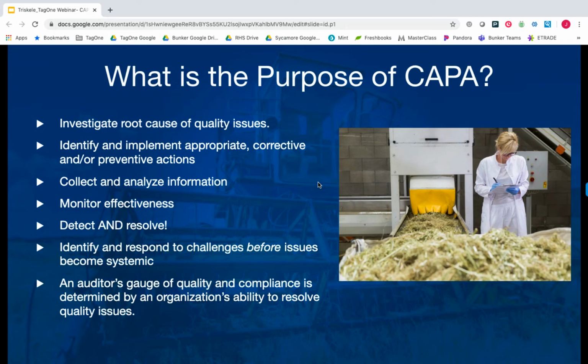The reason is that your CAPA program gives them a gauge of the health of your quality management system, meaning, when you have issues, how efficient are you at resolving them and preventing recurrence? Auditors aren't expecting you not to have problems, because nobody runs efficiently 100% of the time, but it's really how you address those issues.